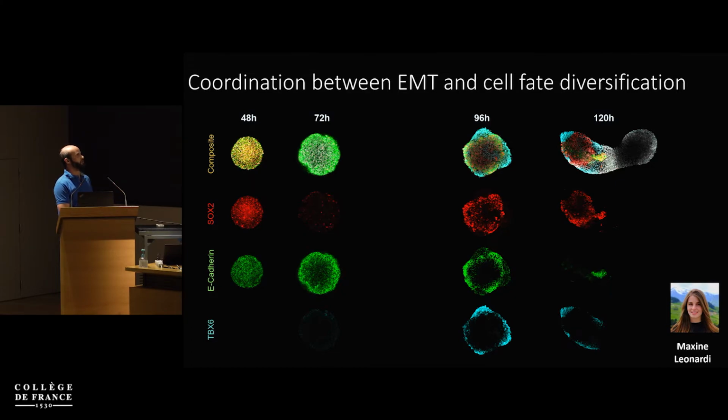But then it gets turned on again, and you can see that at 96 hours, the cells that express SOX2 also express E-cadherin, while the cells that express TBX6 do not express E-cadherin. So this suggests that the repression of E-cadherin occurs preferentially at this stage in the mesodermal cells.